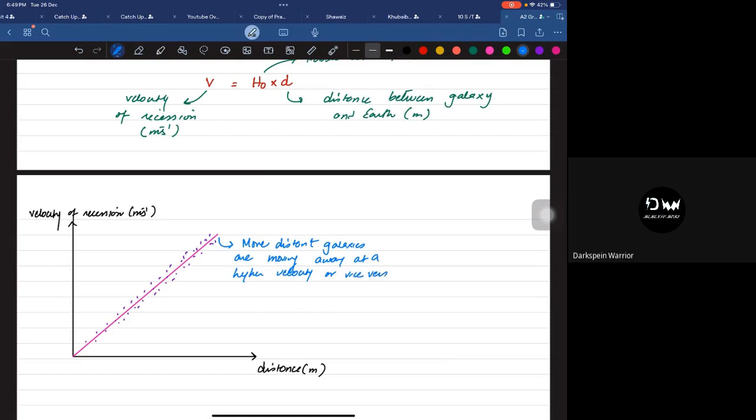Like the near ones are of less velocity. So if you find a velocity here and you find it from here as well, you can end up getting the gradient, and the gradient of this line basically gives you the Hubble constant, like that. So you guys need to remember that. Okay, kids.